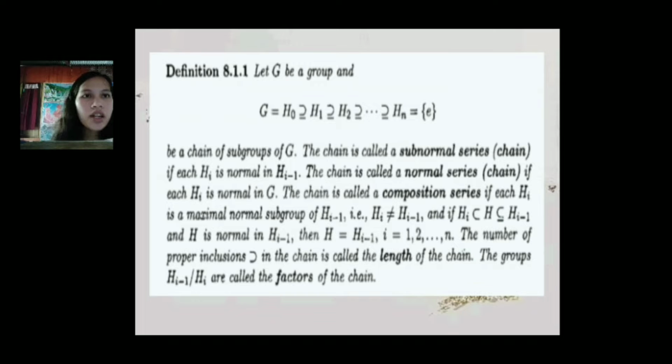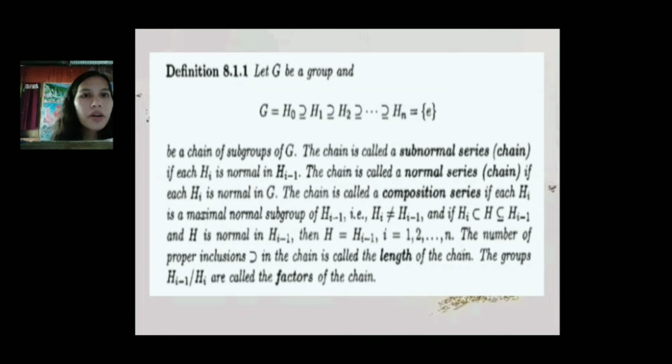The chain is called a composition series if each H_i is a maximal normal subgroup of H_{i-1}. That is, H_i is not equal to H_{i-1}, and if H_i ⊂ H ⊂ H_{i-1} and H is normal in H_{i-1}, then H = H_{i-1}, for i = 1 to n.